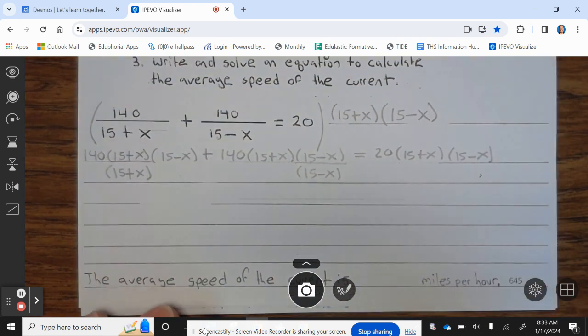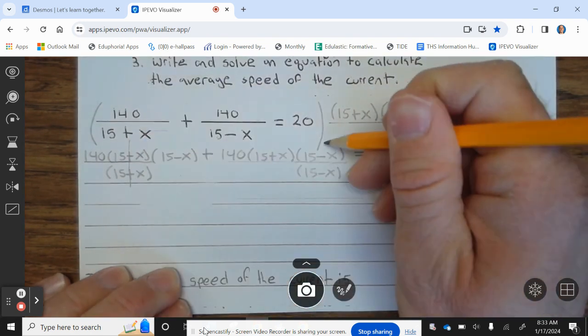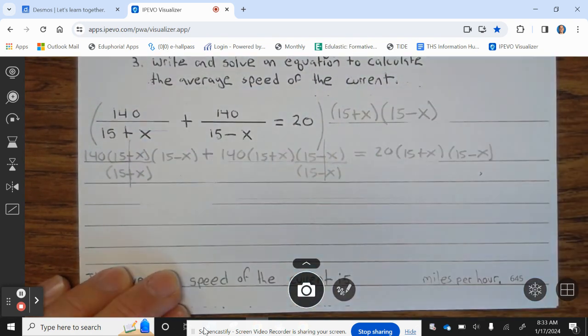Okay, now anything divided by itself is 1, so this divides and becomes 1, this divides and becomes 1. So you get 140 times 15 minus x.